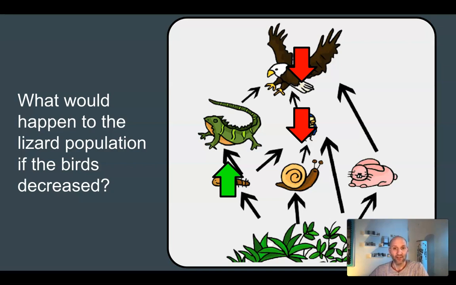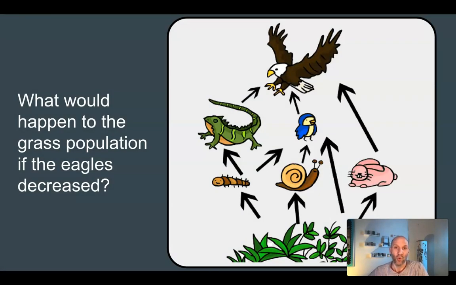How that relates to the lizard is if there's fewer eagles, so less predators, and more prey, there's more caterpillars, then the lizard population would increase. This is an example of competition within a food web. The birds and the lizards are competing, and if I have less birds, then I end up having more lizards.